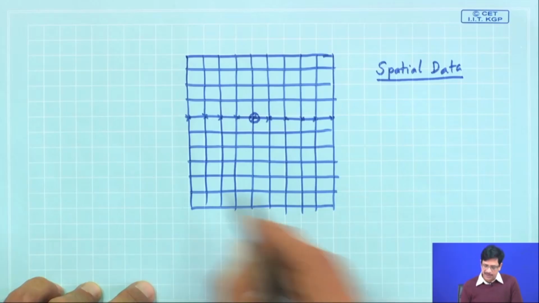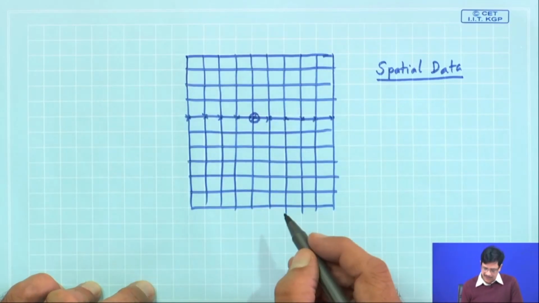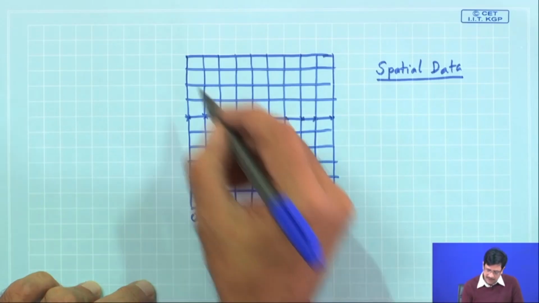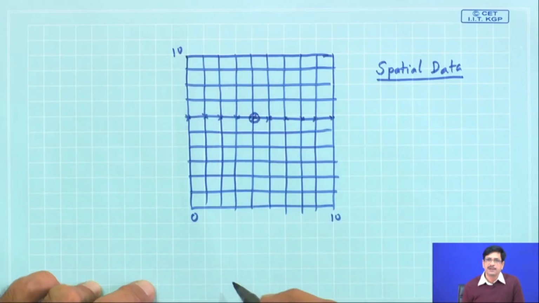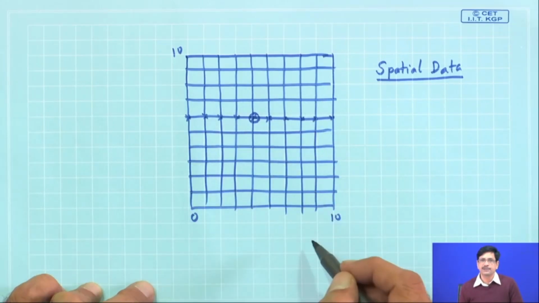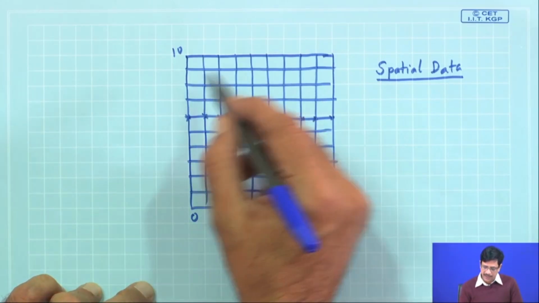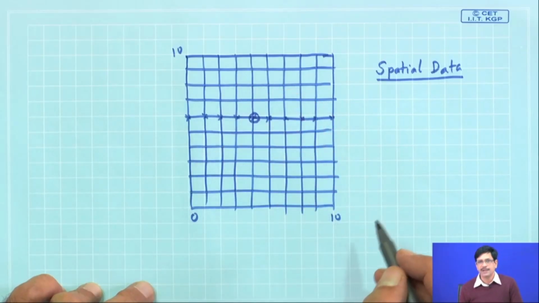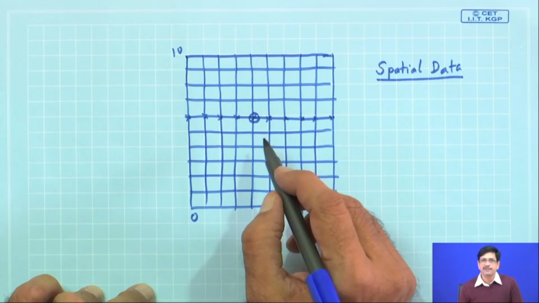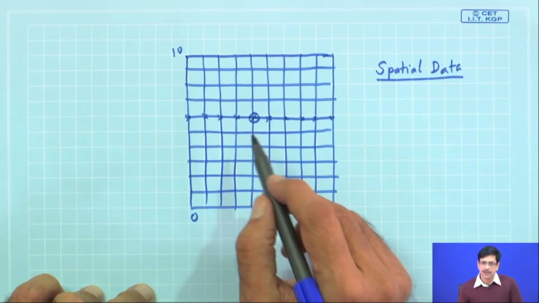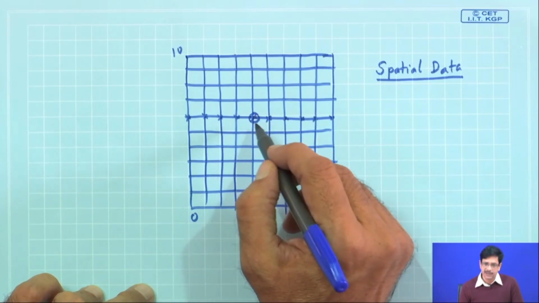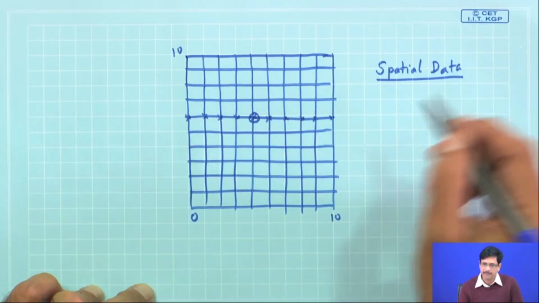So, spatial data means we are defining a coordinate, say 0 to 10 and 0 to 10. This is a grid of 10 cross 10, 100 points, and each one's coordinate is known, and that is the data in space. We can think in terms of any attribute whose value is to be determined at these points, and that is the attribute data.